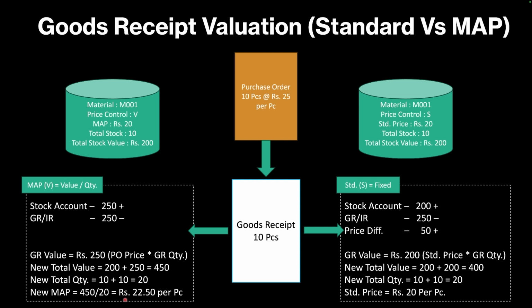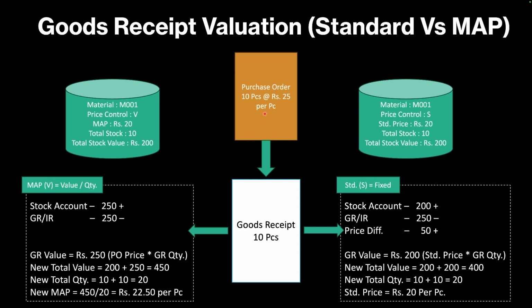So you can see here when you did a goods receipt with a different PO price, system adjusted the moving average price accordingly. Now let's see what will happen with a material with standard price. Again you have standard price of 20 rupees and total stock of 10, so total stock value is 200 rupees. Now when you do GR for 10 pieces, system will ignore this PO value. Why?